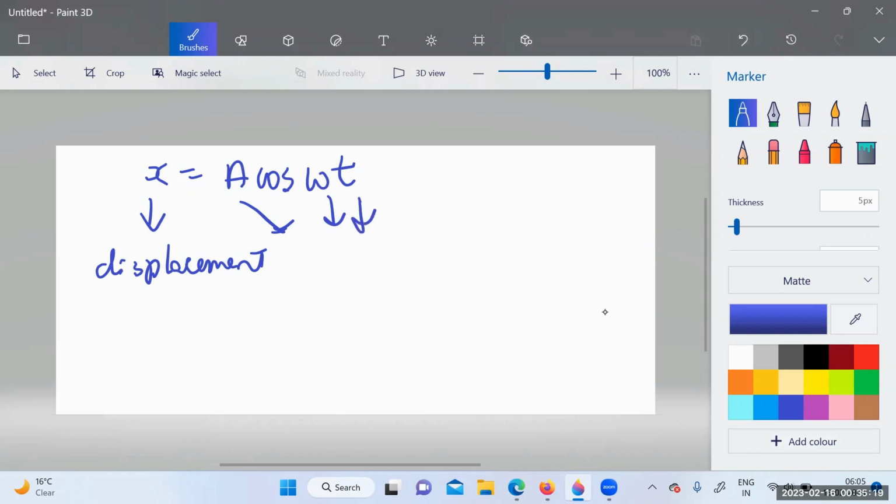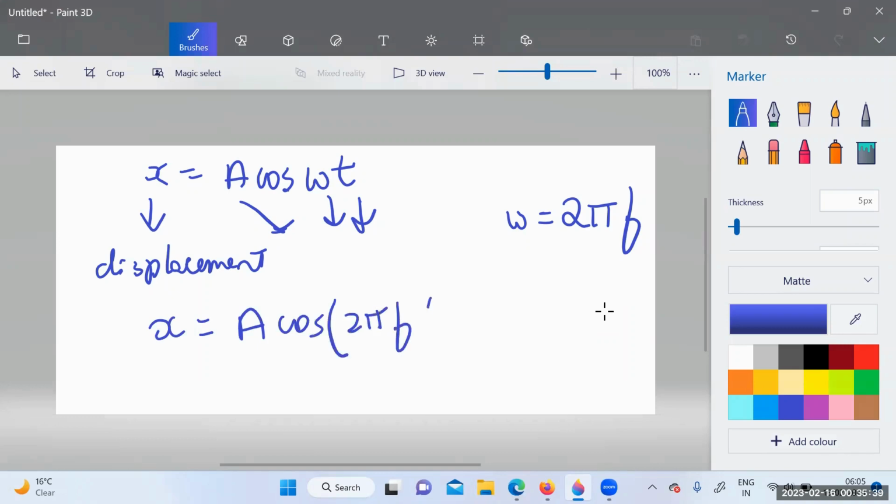You also know omega is equal to 2 pi f. You would have learnt it in your circular motion chapter, correct? So if you substitute it here, you get x is equal to a into cos of 2 pi f times t. You can convert this to the time period also.